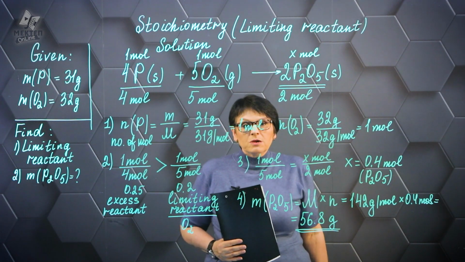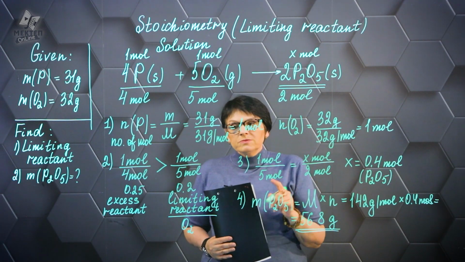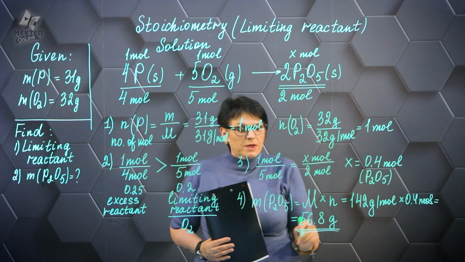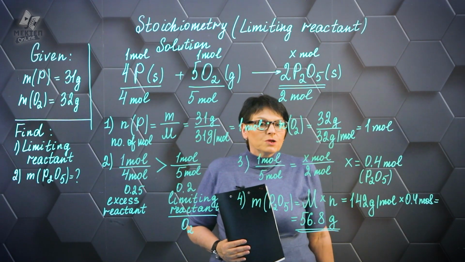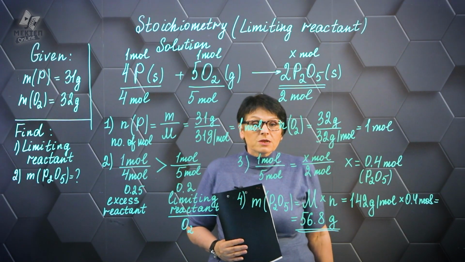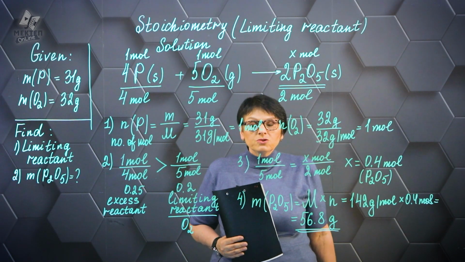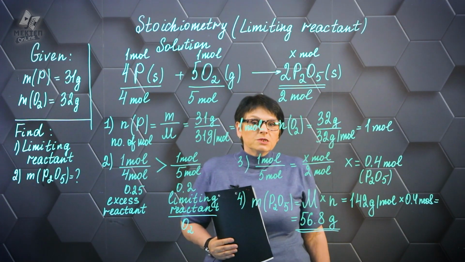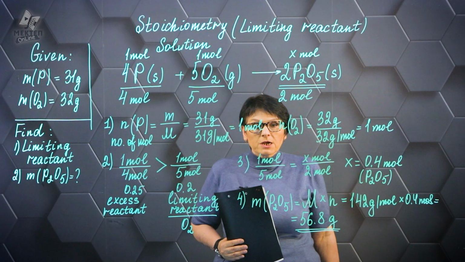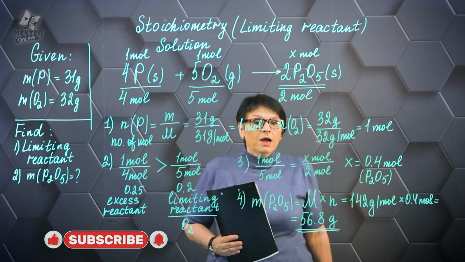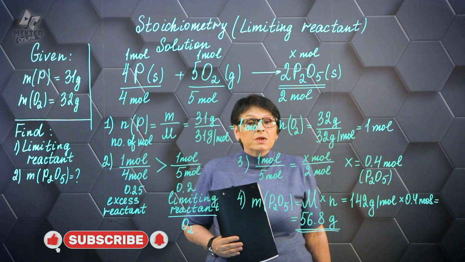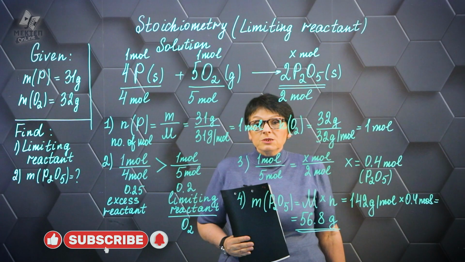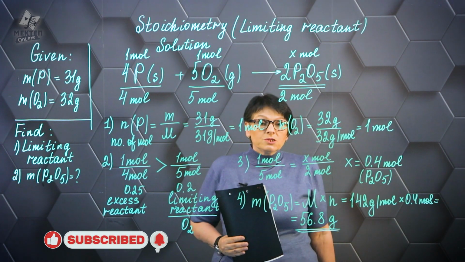If we took the calculation through phosphorus, this figure would be different, but it would be an incorrect result, because in this case oxygen is taken not more but less. So such a calculation would be incorrect and should not be done. And that's it for today. Goodbye.